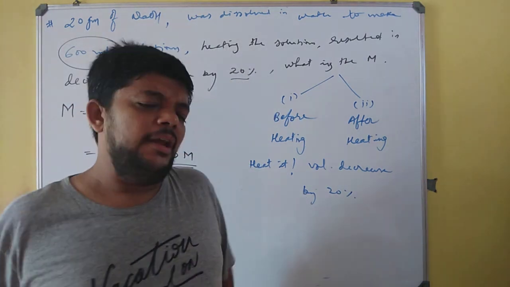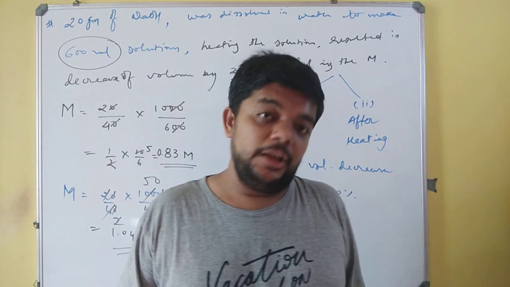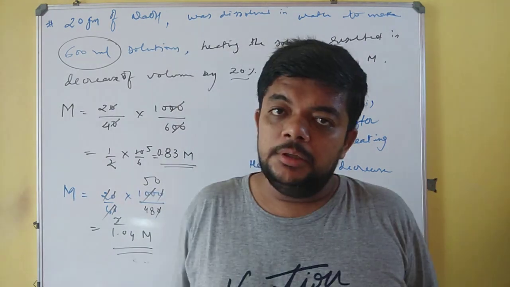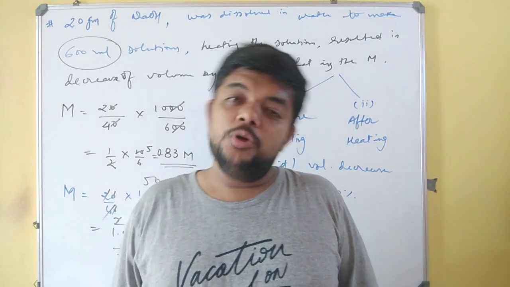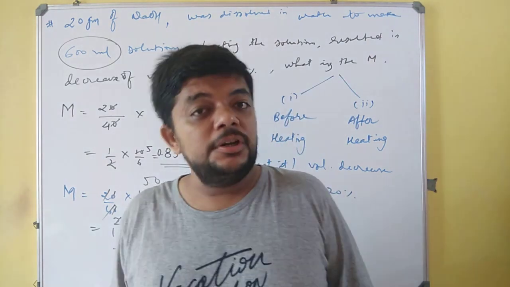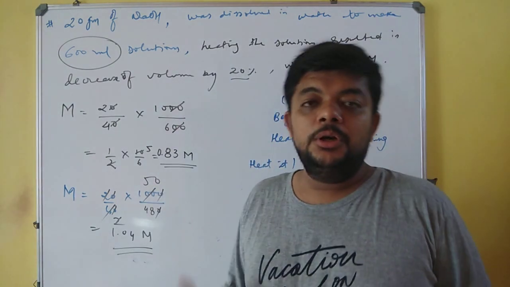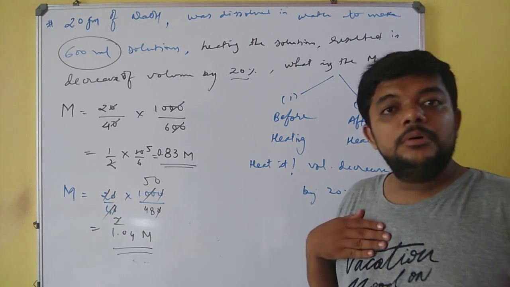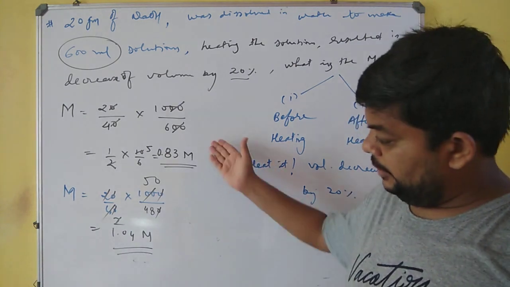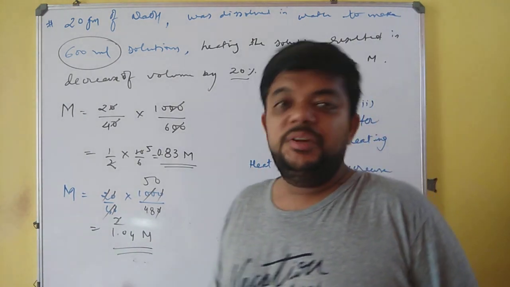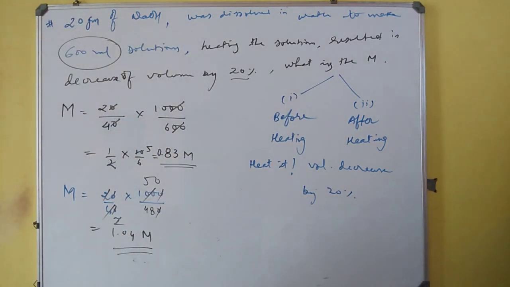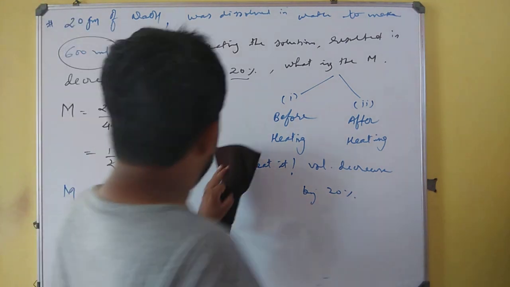And you can very well judge, even if I do not explain, that sugar syrup is more sweet than sugar solution. More the sweetness, more is the concentration. More is the concentration, more is the molarity. Here is the proof that when we heat it, the concentration increases, the sweetness increases. So, friends, this is important. I hope you are clear with this type of numerical also.